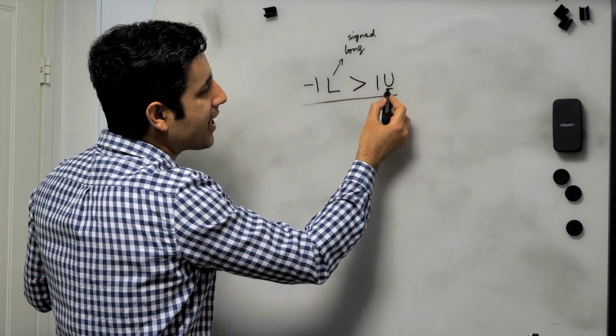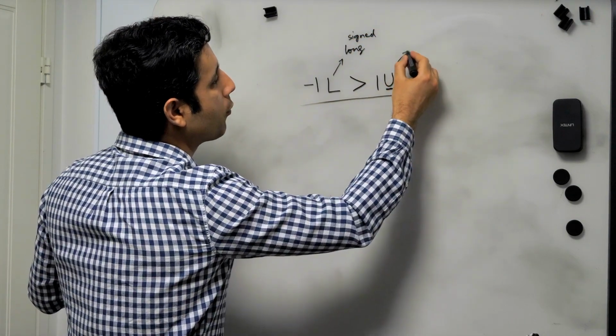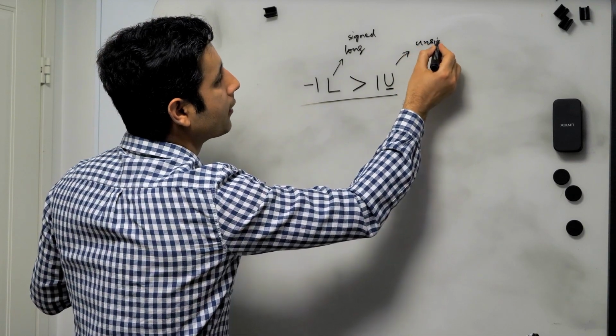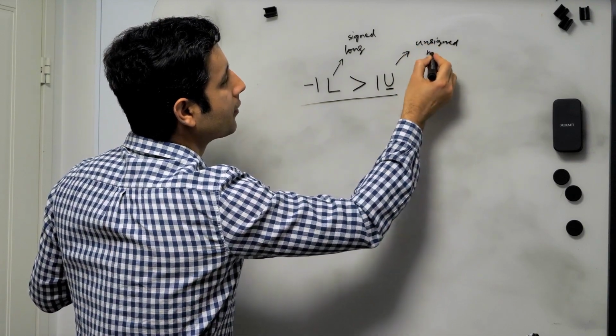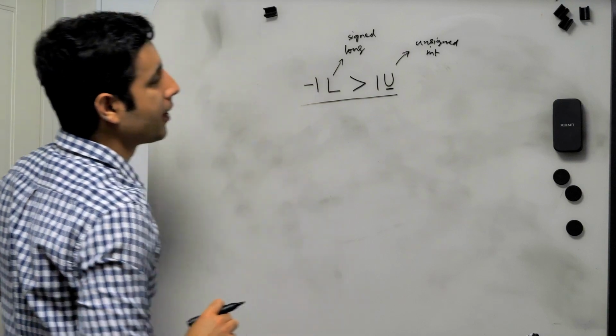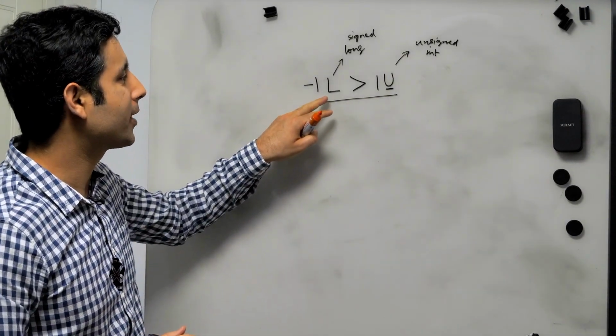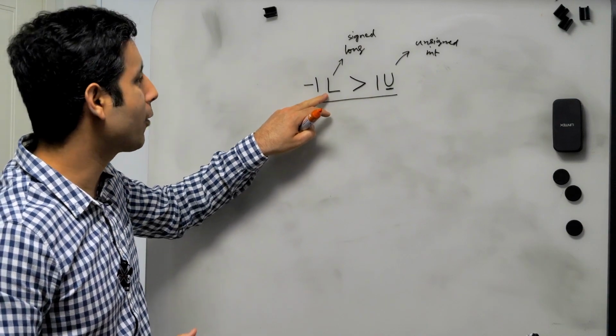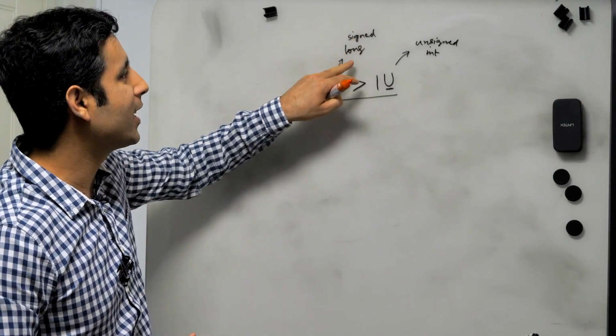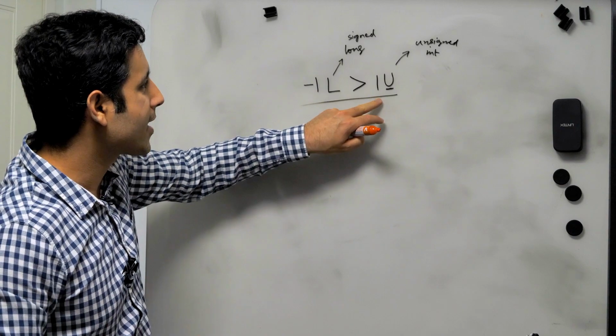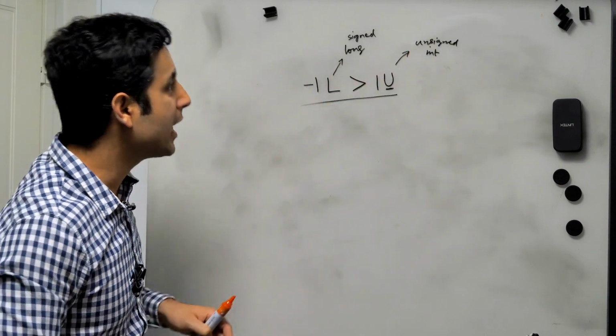This one has unsigned here, so the type would be unsigned int. Now if we want to evaluate this, we want to first find the type of the operands. So the left operand is signed long. On the right side, it is unsigned int.